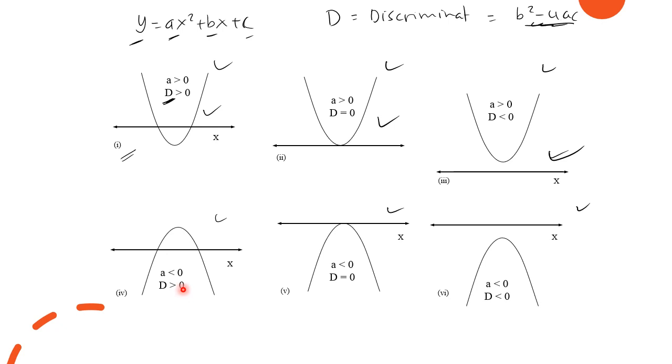Every positive D will be cutting the x-axis at 2 points. Remember, in 2 points. Touching means it only has 1 point on the x-axis, and this one never touches the x-axis.